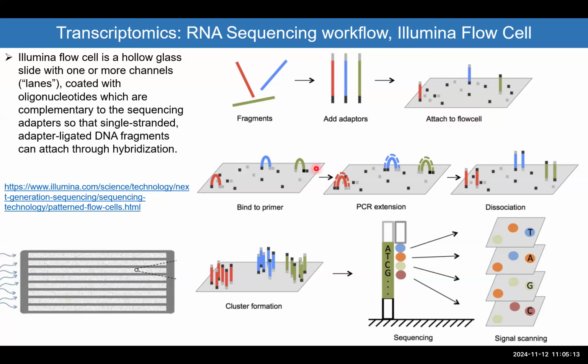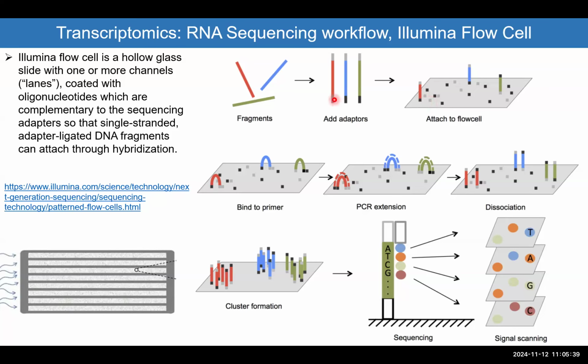The flow cell is simply like a slide that has tons and tons of these adapter-binding molecules. So in other words, the adapter is on one side, you add it to the cDNA, and on the other side, it has its complementary sequence on the flow cell.